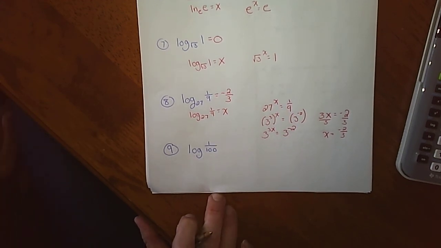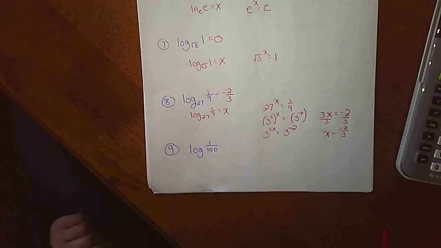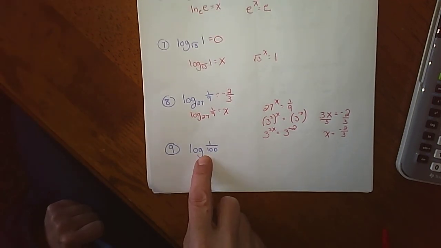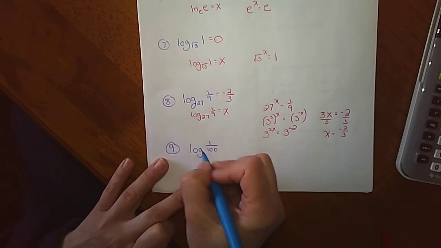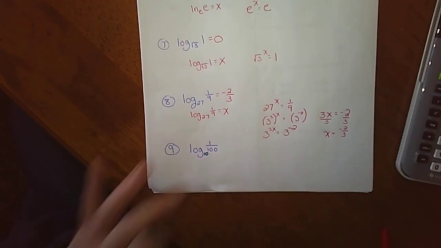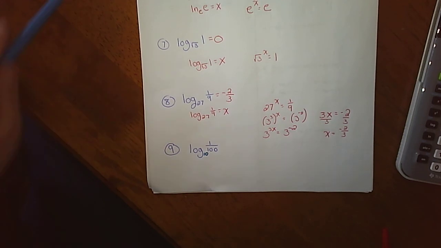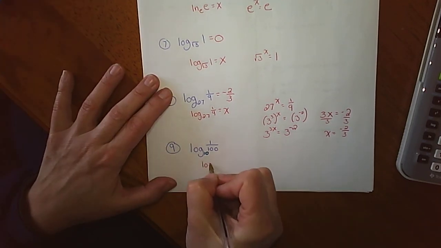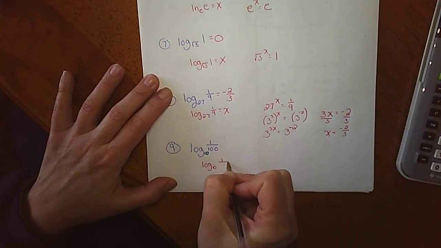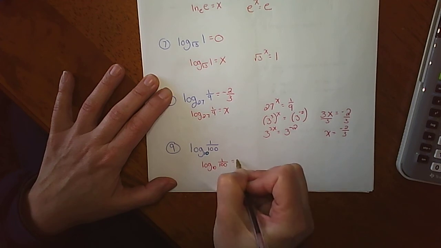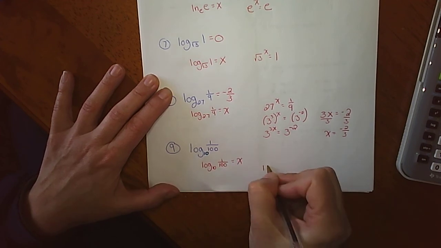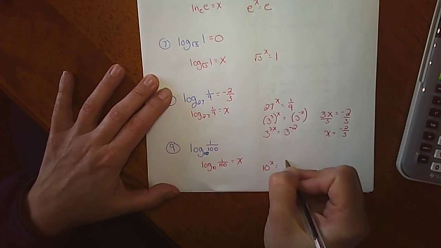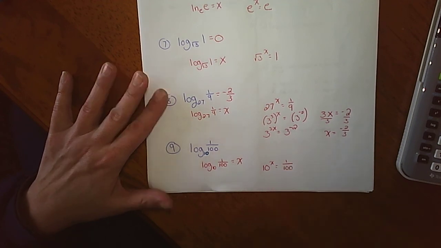And finally, the last one. Now, log. Notice there's no little base. And that means if they don't write one, that means there's actually a 10 there. So that means this is log base 10 of 1/100 equals x. So 10 to what power makes 1/100? Right?